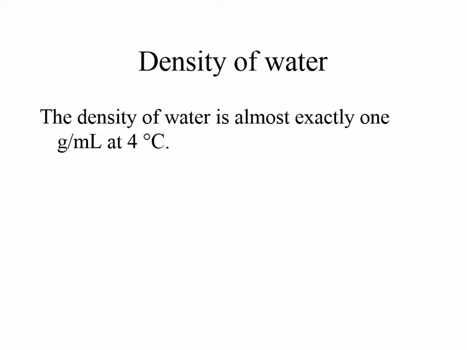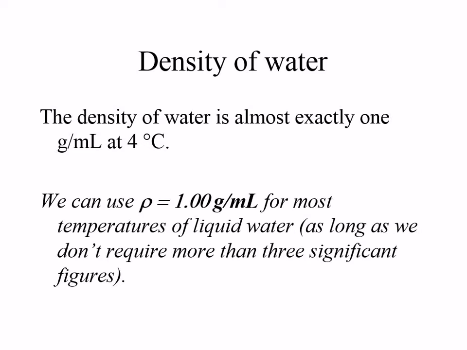Okay, so the density of water at 4 degrees Celsius. Water is most dense at 4 degrees Celsius. Isn't that weird? It is almost exactly 1. So it kind of looks like this. I'll go ahead and make my little arrow that means memorize.